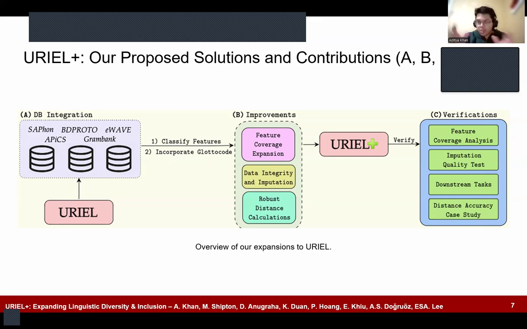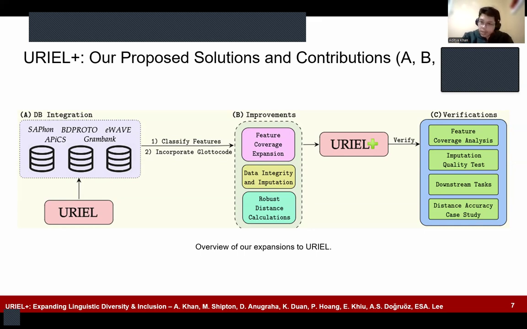Now, feature vectors source their information from different upstream databases. So for instance, SSWL, WALS, etc. Right? Now we incorporate data from new databases into URIEL Plus, which should increase the amount of feature coverage for many languages.